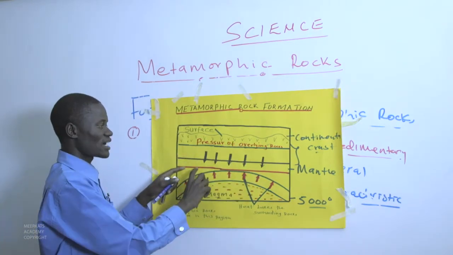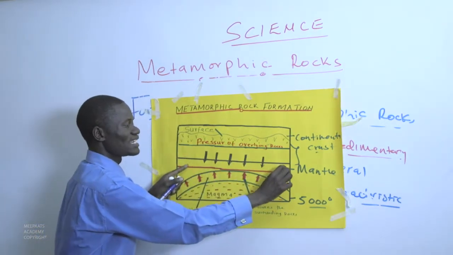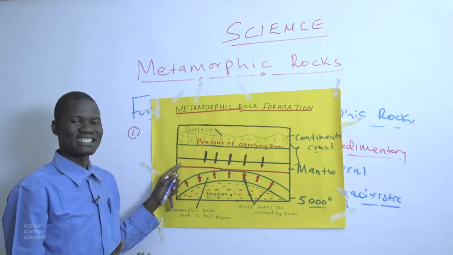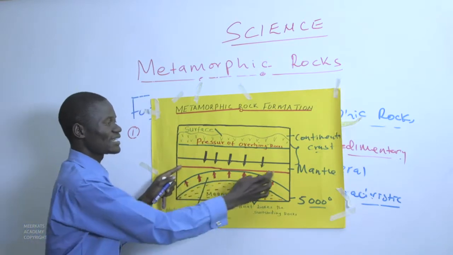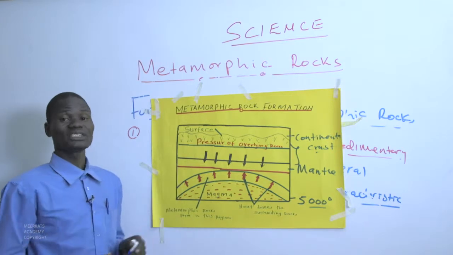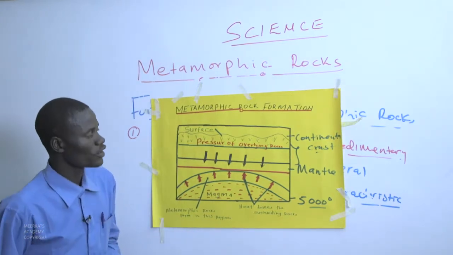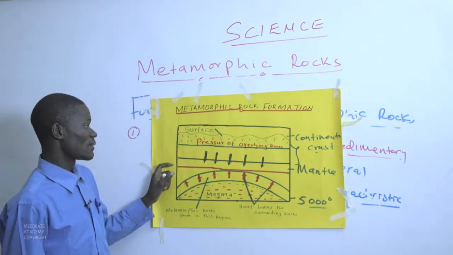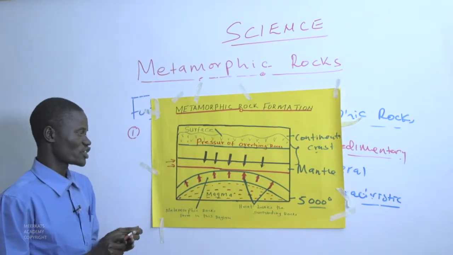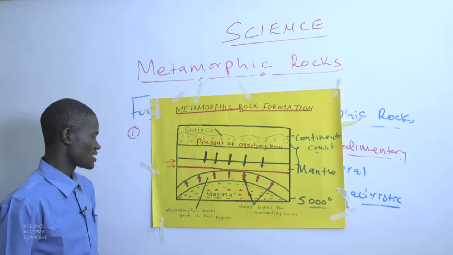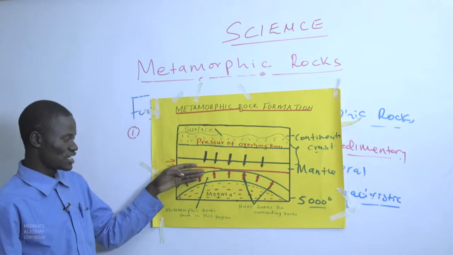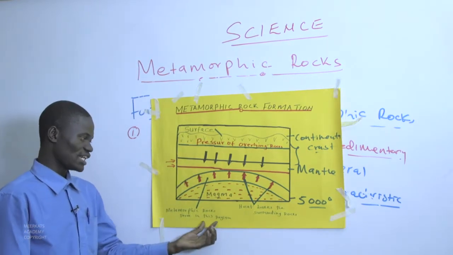And when that pressure comes, it is going to meet into the mantle some rocks which are rigid, very solid, because of their formation, suppose they are igneous rocks or sedimentary rocks. Their characteristic will quickly begin to change. Their appearance will change. And therefore, the metamorphic rocks surrounding this region will have a new form.